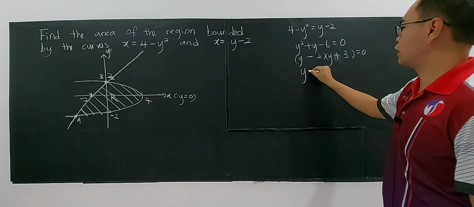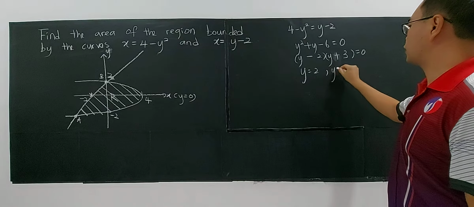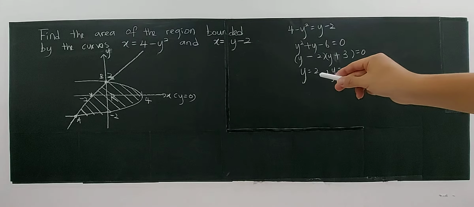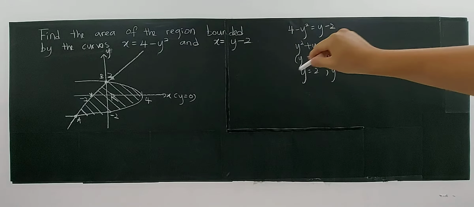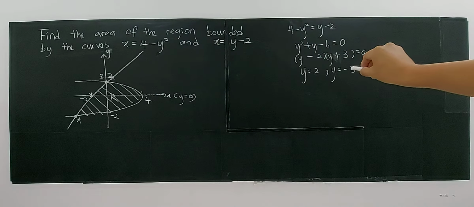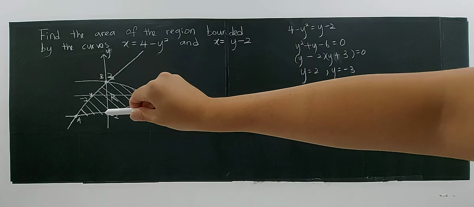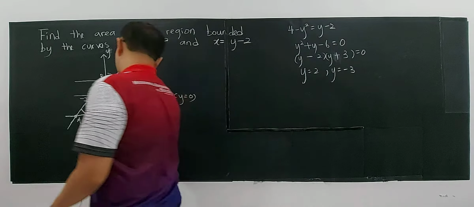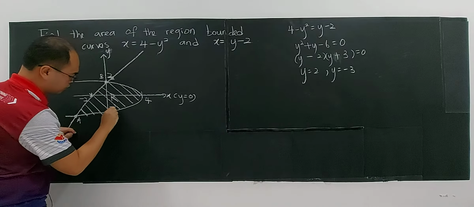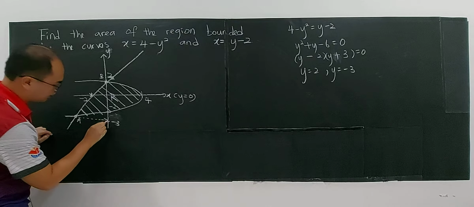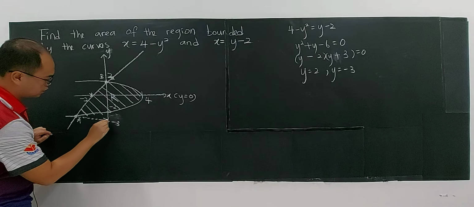So you're getting two values: one is 2 and the other one is negative 3. So y is 2, meaning they're intersecting at these 2 points. One is at y equals 2, the other one is y equals negative 3, which is slightly below here. So I'm going to write the negative 3 here, meaning they're intersecting at this region here.